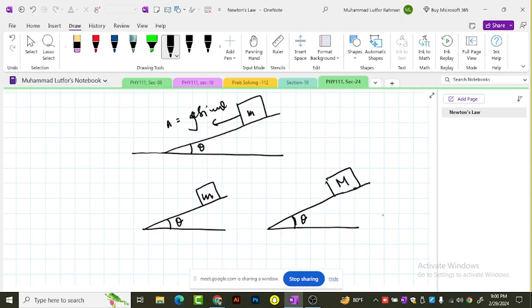Let's say this capital M is greater than the smaller m. Now if I release those two systems at the same time from the same height, which block will come down first?